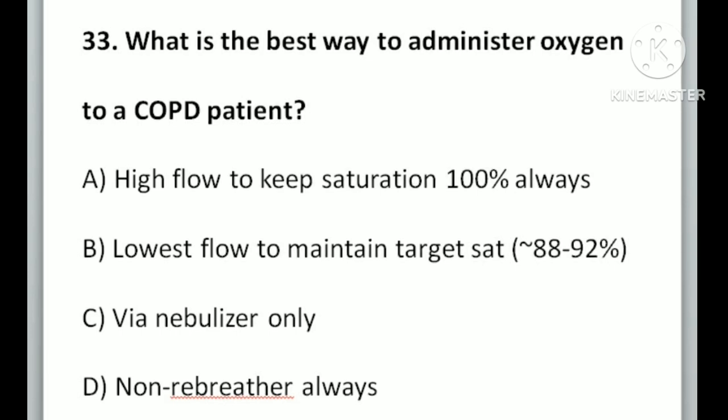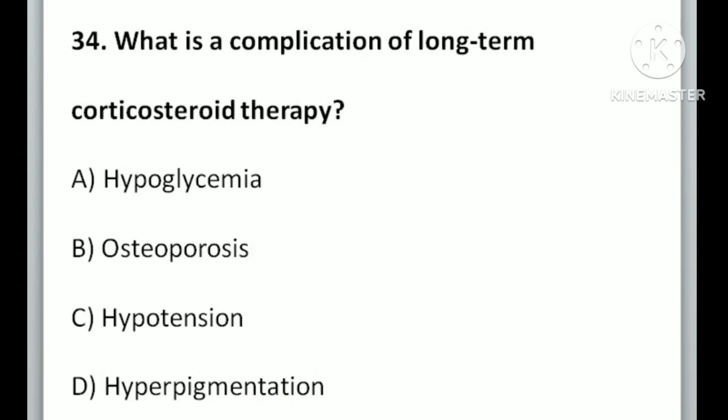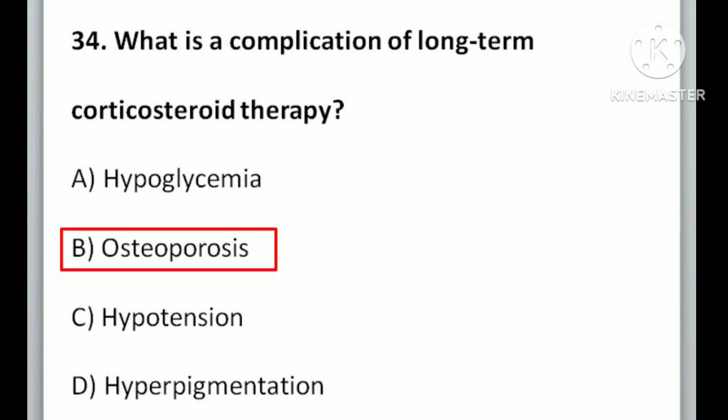Correct option is B. Lowest flow to maintain target saturation of 88-92%. 34. What is a complication of long-term corticosteroid therapy? Correct option is B. Osteoporosis.